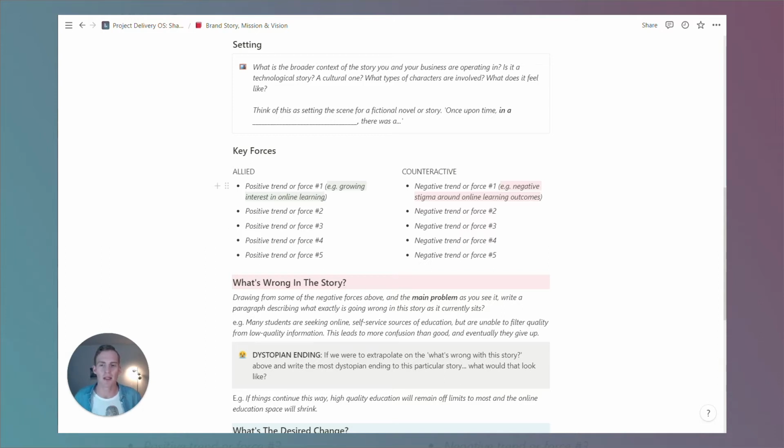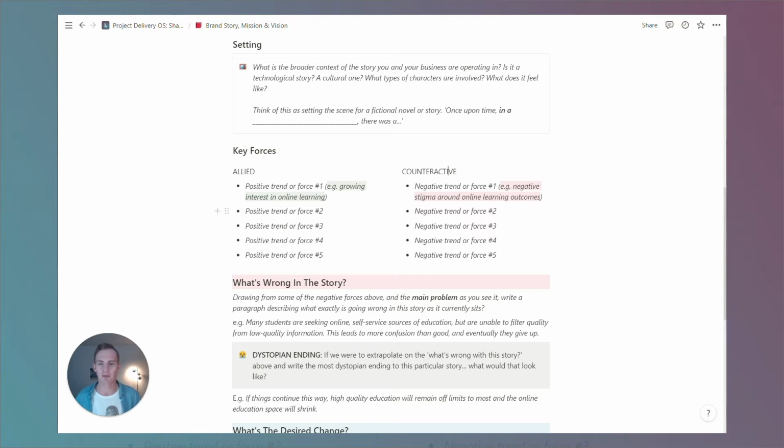We can list particular characters, companies, individuals who are already pushing this story in the right direction. But we can also think more broadly about attitudes towards online learning. We can think about people's familiarity with new tools. We can talk about the internet itself as a positive trend that facilitates this new mode of learning.